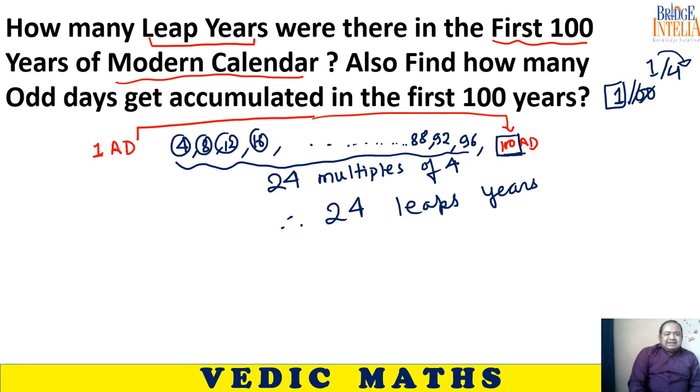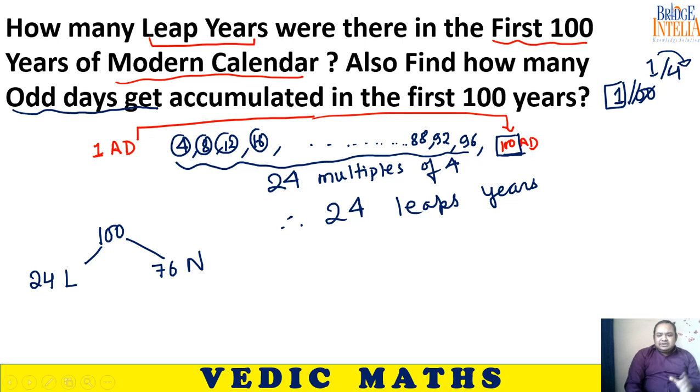The second part is that in the first 100 years, there are 24 leap years and the remaining, that means 100 minus 24, so 76 years are normal years. In the first 100 years, how many extra days or odd days got accumulated? One leap year generates 2 extra days and one normal year generates 1 extra day.